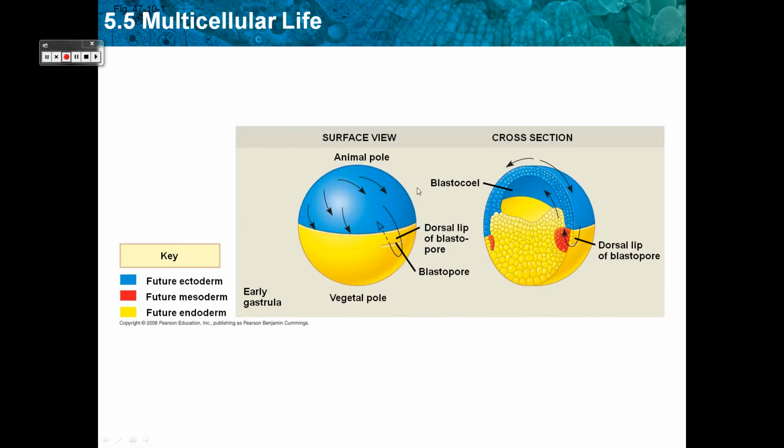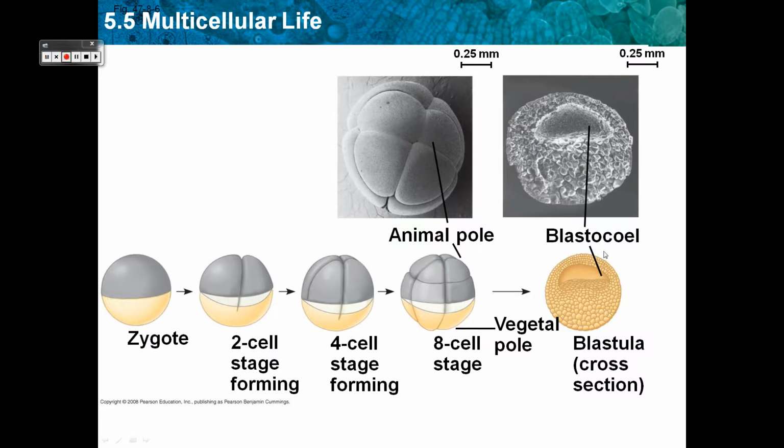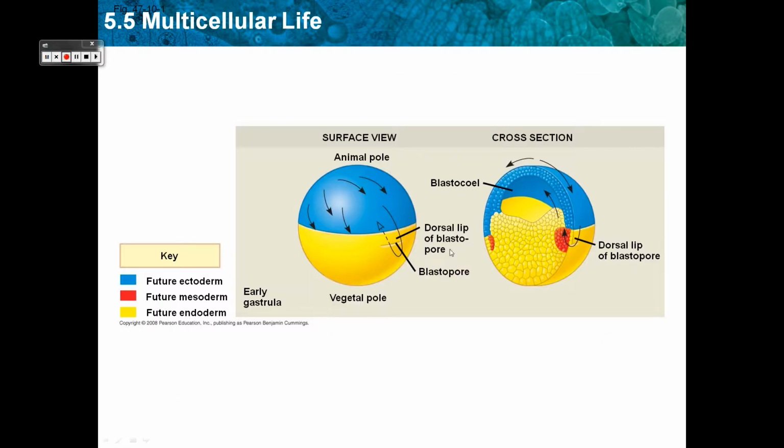All right, so at this point, we've got hundreds of cells that have gathered together in this ball, and how do they know which cells are going to become what in your future body? What happens is once we get to this stage, it's called the hollow ball stage, where you've got a lot of cells and this hollow section here.